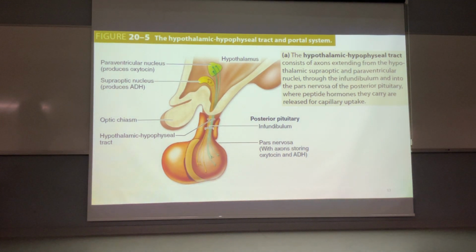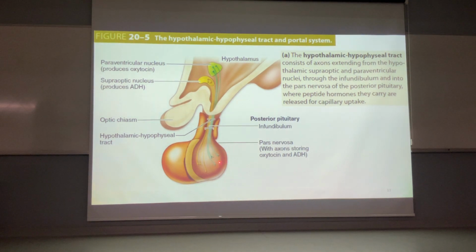The paraventricular nucleus secretes oxytocin, and the supraoptic nucleus secretes antidiuretic hormone. These hormones, instead of being released into blood vessels in the hypothalamus, transfer via these tracts to the pars nervosa of the neurohypophysis.